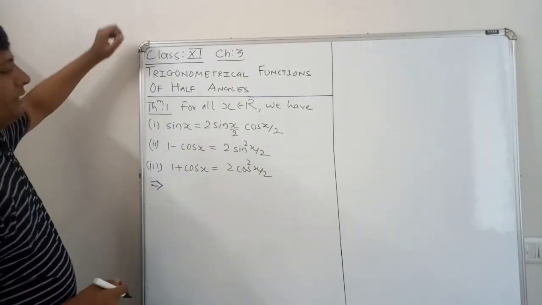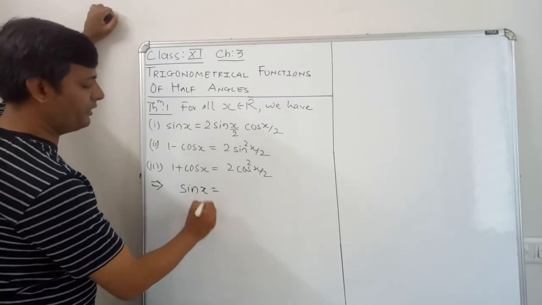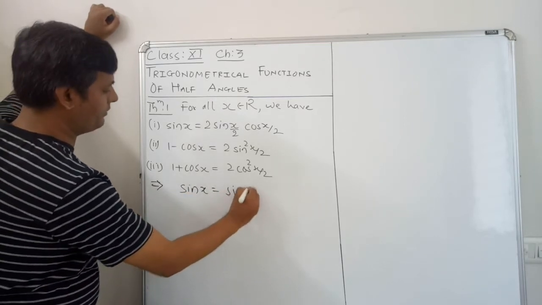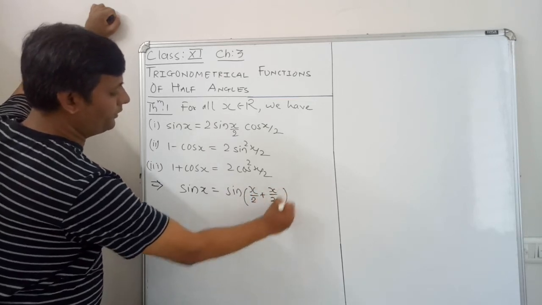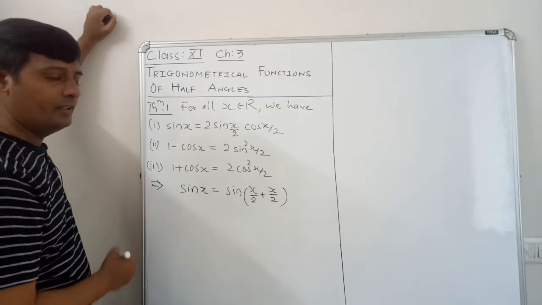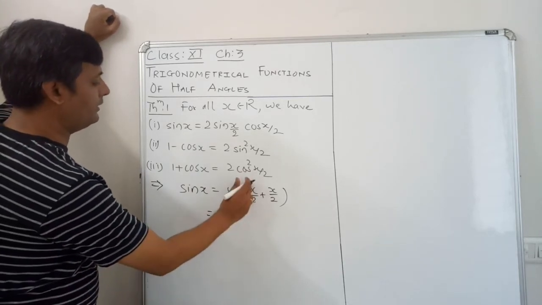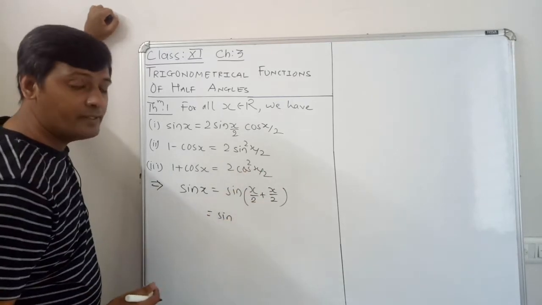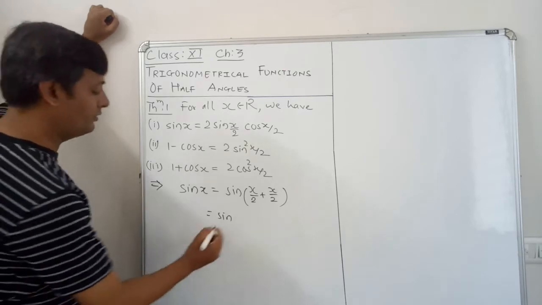First, sin x. Can we write sin x as sin of x by 2 plus x by 2, right? Clear? So what is the formula for this? This is the x and this is the y. So sin(x plus y) means sin x cos y plus cos x sin y.